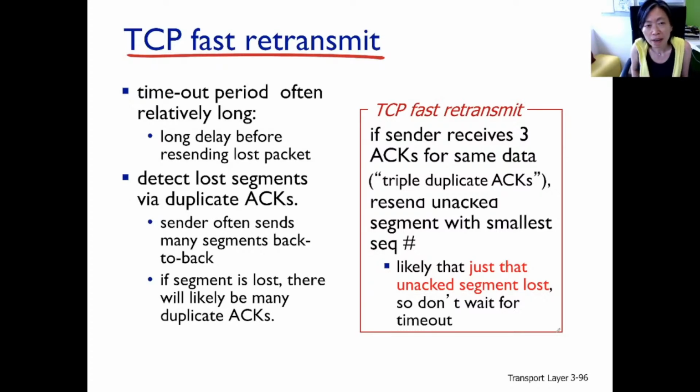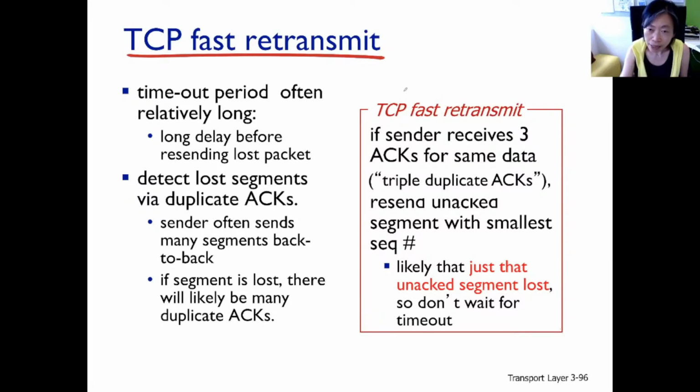And that's why we have the fast retransmission mechanism. Because if we see multiple duplicate ACKs, and there is a high number of them, then you will probably guess there is a random drop right before the duplicate ACKs, okay? Or at the first unacked segment.